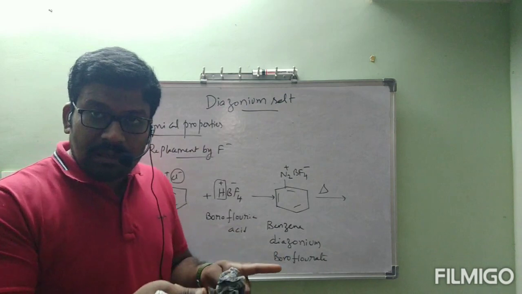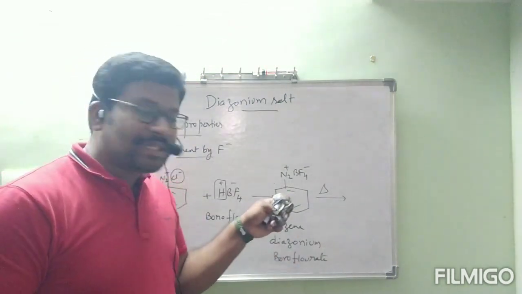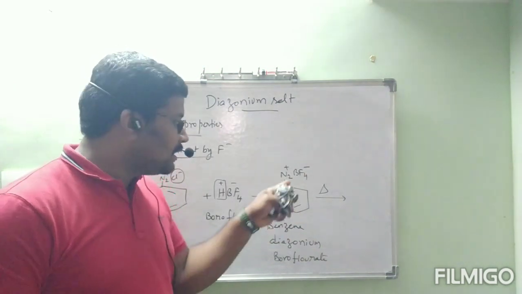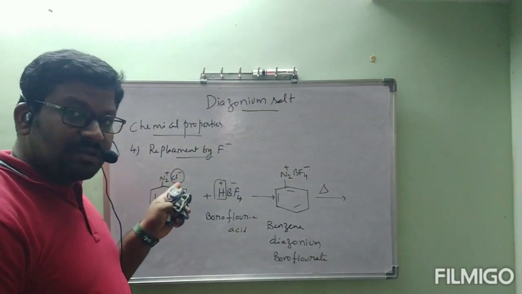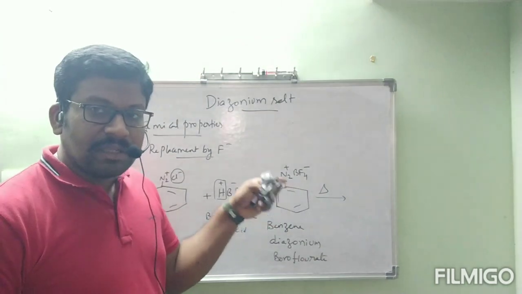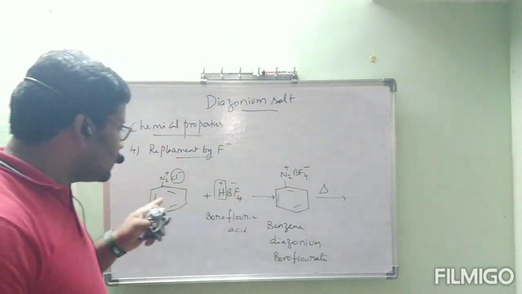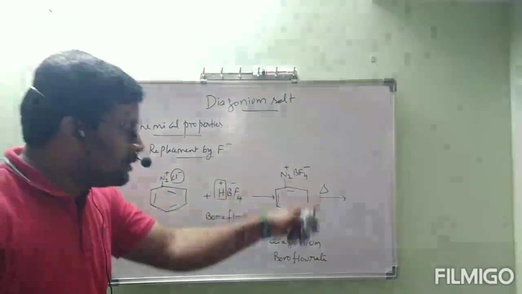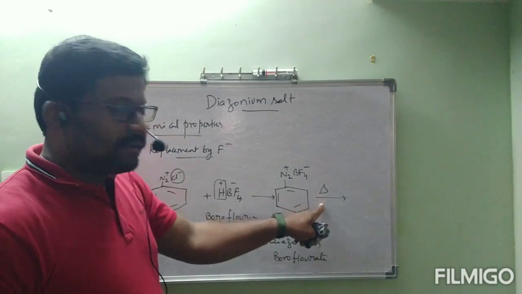Out of the benzene diazonium salts, this is stable at room temperature. Benzene diazonium chloride, N2+ Cl-, is also a diazonium salt, but it is not at all stable at room temperature. Now this one will undergo heating.